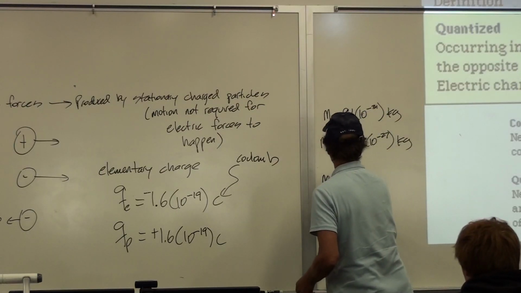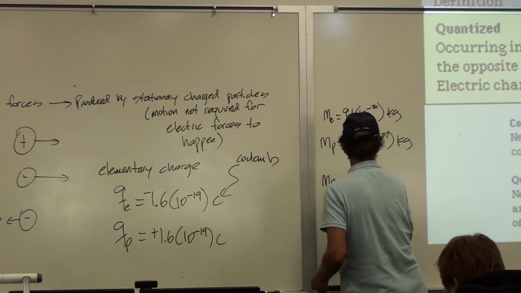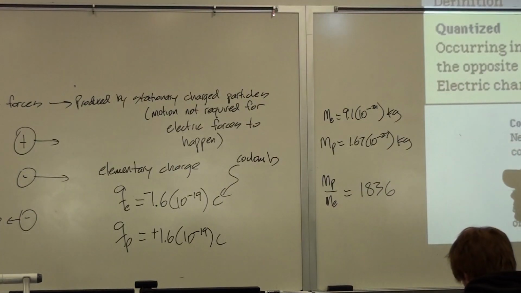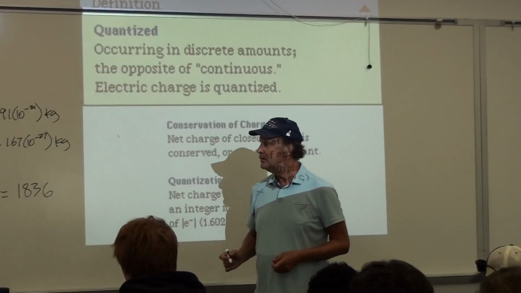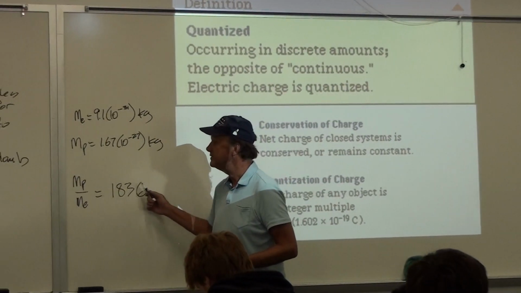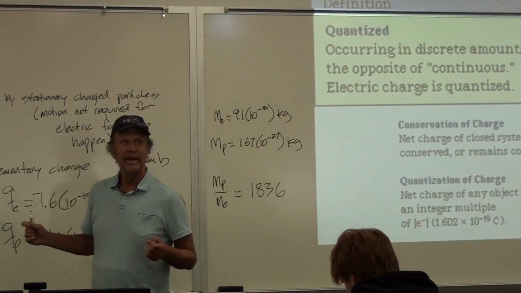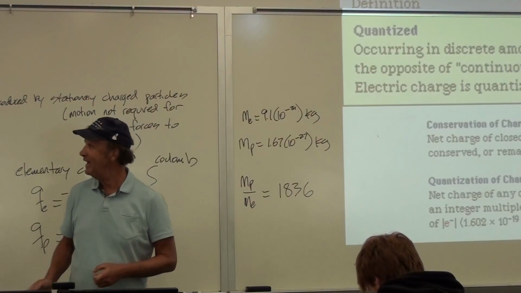And so if we take the ratio of these, we get 1836, or almost 2,000 times more mass for a proton than an electron. So protons tend to be the heavyweights. They have much more inertia. Electrons are the lightweights, but they both feel the same force, F equals ma.